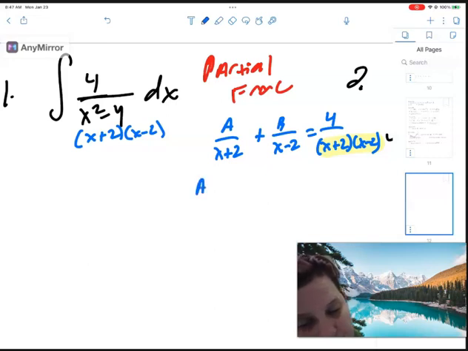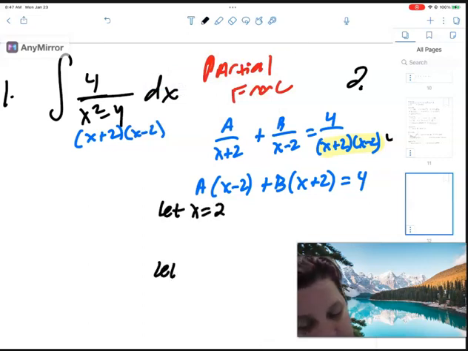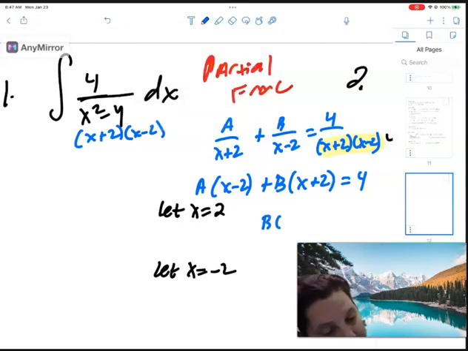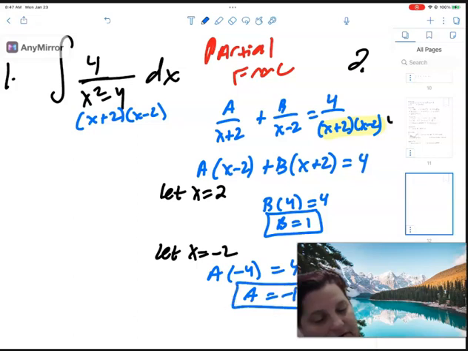I get A(x minus 2) plus B(x plus 2) is 4. I'm going to let x equal 2 for the first part, let x equal negative 2 for the second part. If x is 2, that goes away. B times 4 is 4, so B is 1. If x is negative 2, A times negative 4, that goes away, equals 4. So A is negative 1.